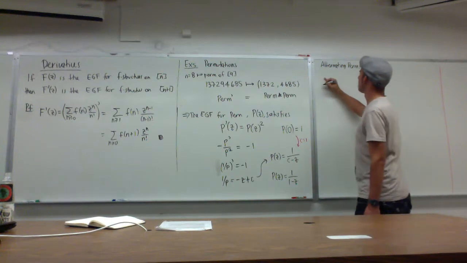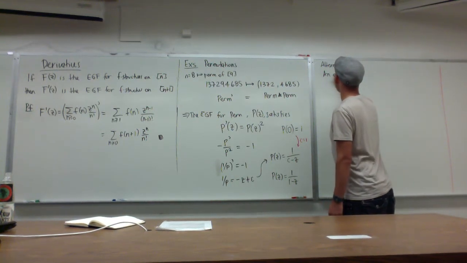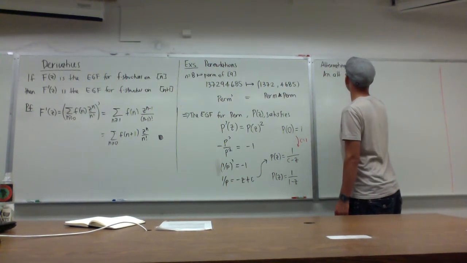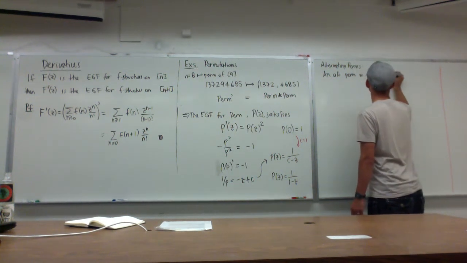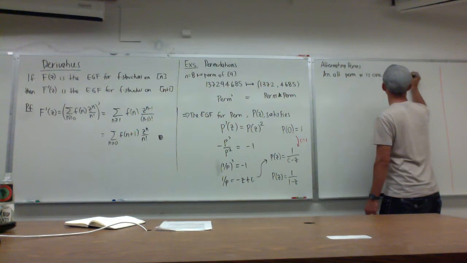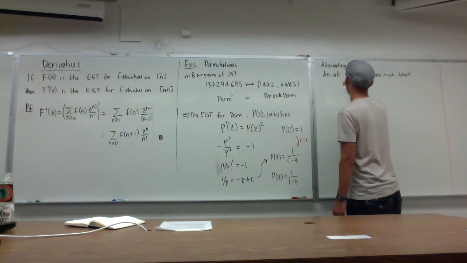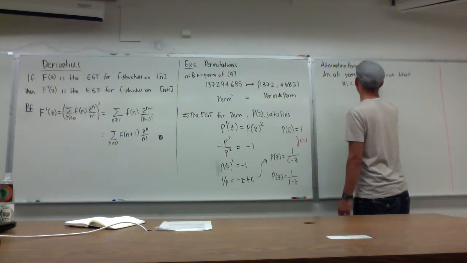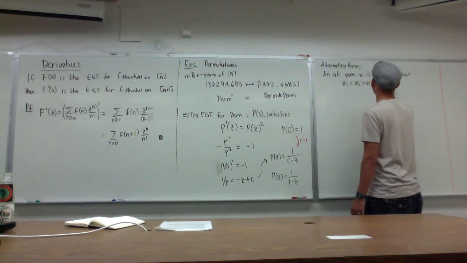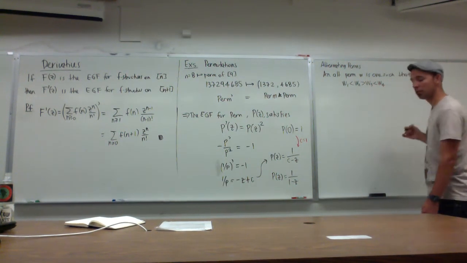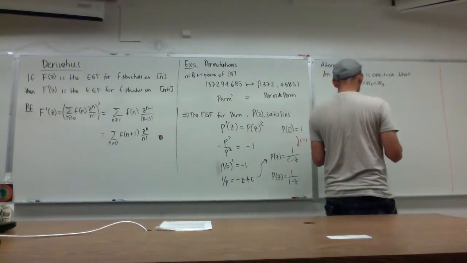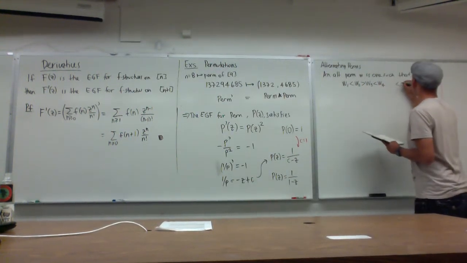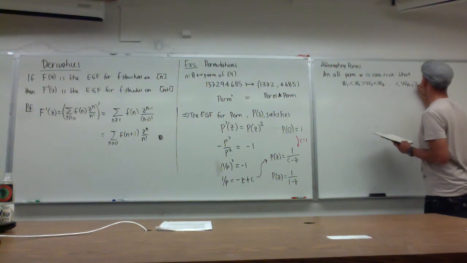Okay. So an alternating permutation is one such that W1 is smaller than W2, which is bigger than W3, which is smaller than W4, etc., until smaller than Wn minus 1, bigger than Wn.